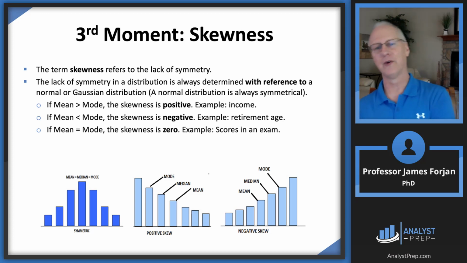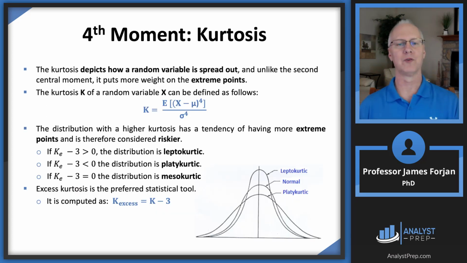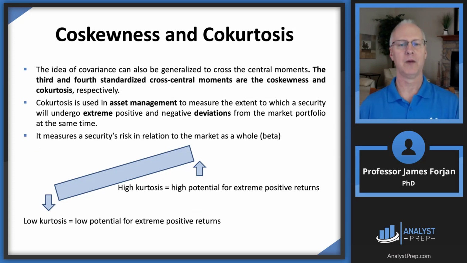We want that 3rd moment to drag our portfolio to outperformance. All right, so high kurtosis means that there's a high potential for extreme positive returns. Remember now, co-skewness is going to measure how far we're tilting, and kurtosis is going to measure what was happening in the tails.